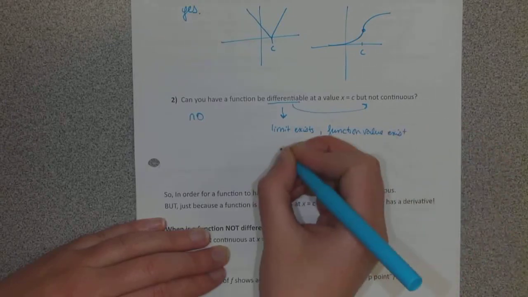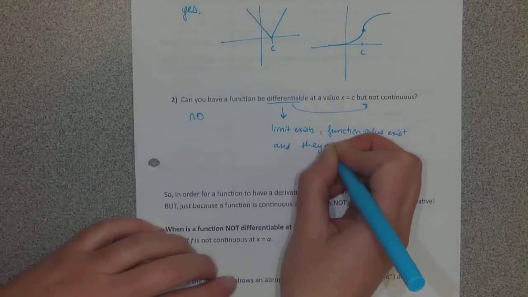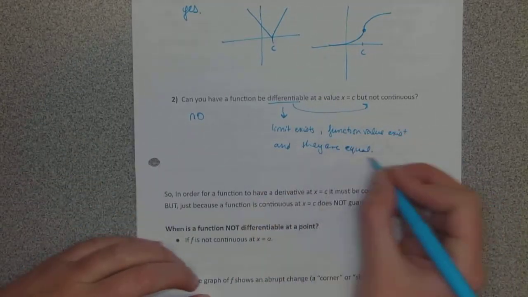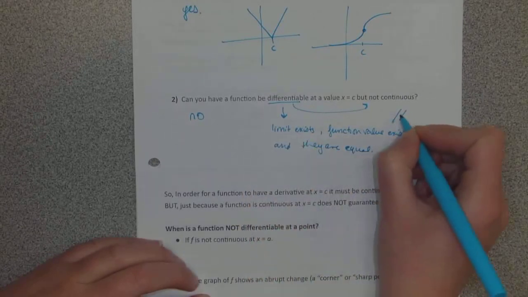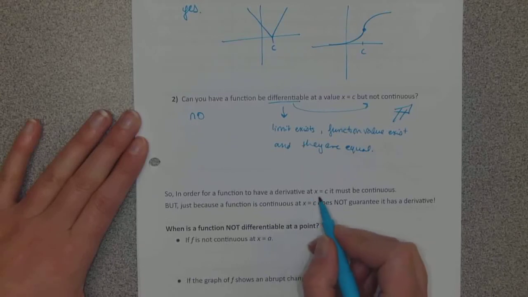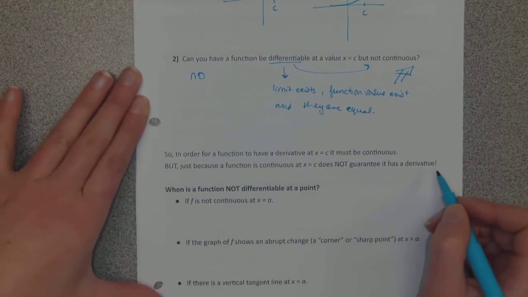And it also means that they're equal. So therefore, differentiability implies continuity. So in order for a function to have a derivative, it must be continuous, but just because it's continuous does not guarantee it has a derivative.